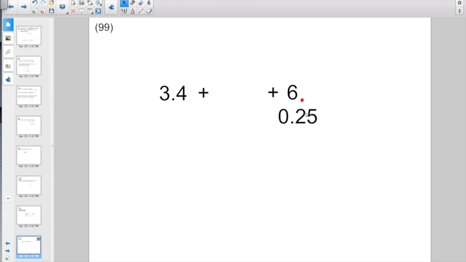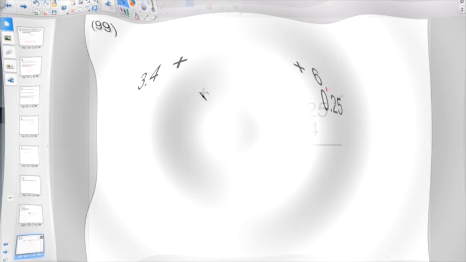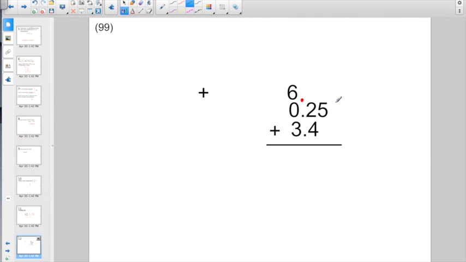So let's start lining up our numbers. Once I have my numbers lined up nice, neat, and straight at the decimal point, it's always a good idea, whether you're adding or subtracting, to fill in your empty places with zeros so you don't make a silly, sloppy mistake, right?